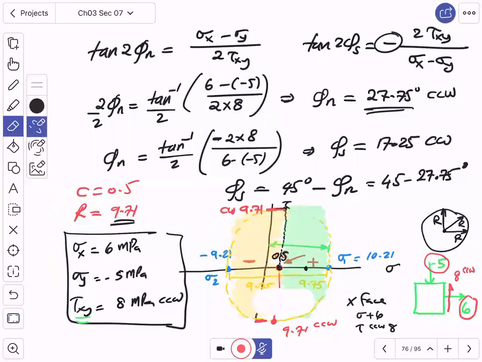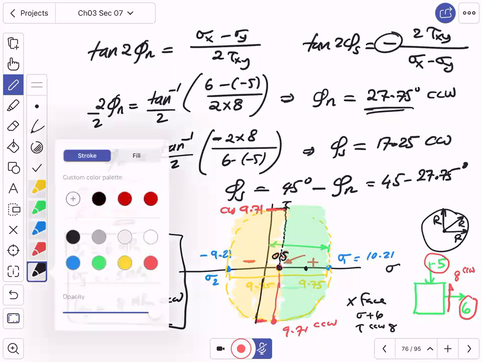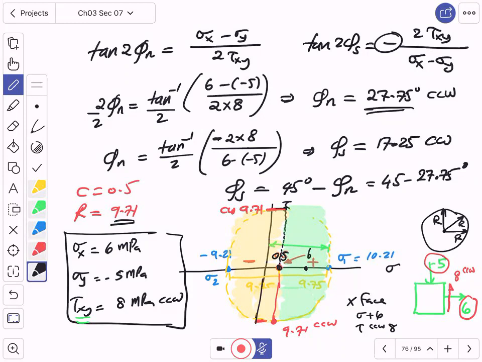I'm sorry, I'm trying to make it colorful, but I am paying the cost right now. So what happened is that if you draw a perfect circle, you will realize that the intersection of the 6 megapascal with 8 counterclockwise will be along the circle down.